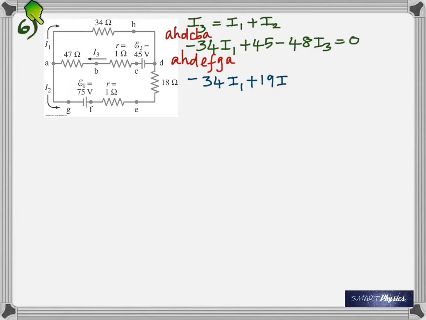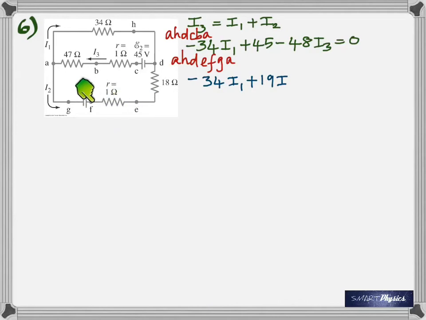That's why you have minus 34 I1 again. And here, when you go down to this, the current through this branch is I2. And you are going down while the current is going up. Okay, because you decided to go down like that, in the clockwise direction. But actually the current through that resistance is going up, and that's why it becomes plus 18 I2, and then again you have plus 1 I2, so that's 19 I2.